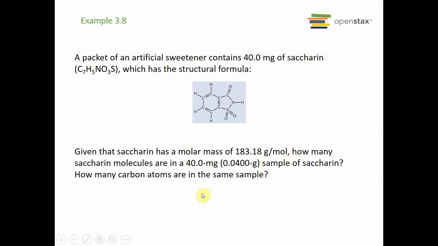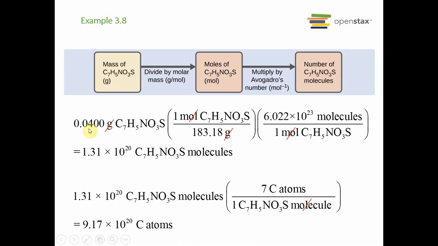And then you multiply that number times Avogadro's number, 6.022 times 10 to the 23rd. That equals 1.31 times 10 to the 20th saccharin molecules.